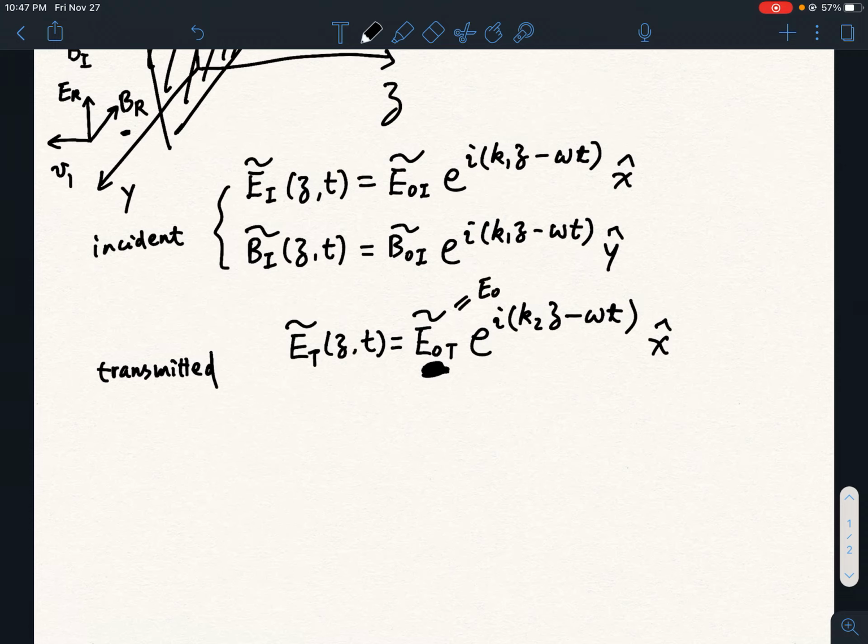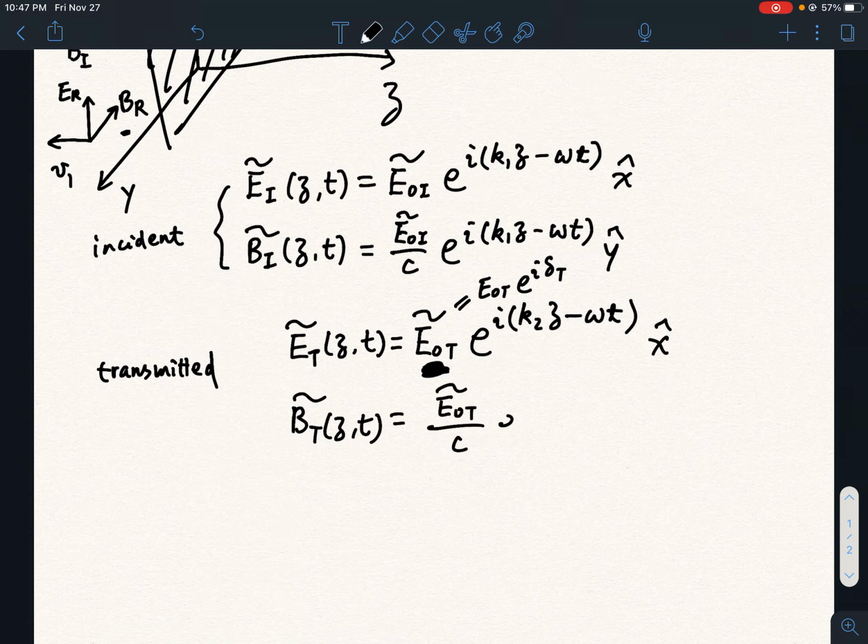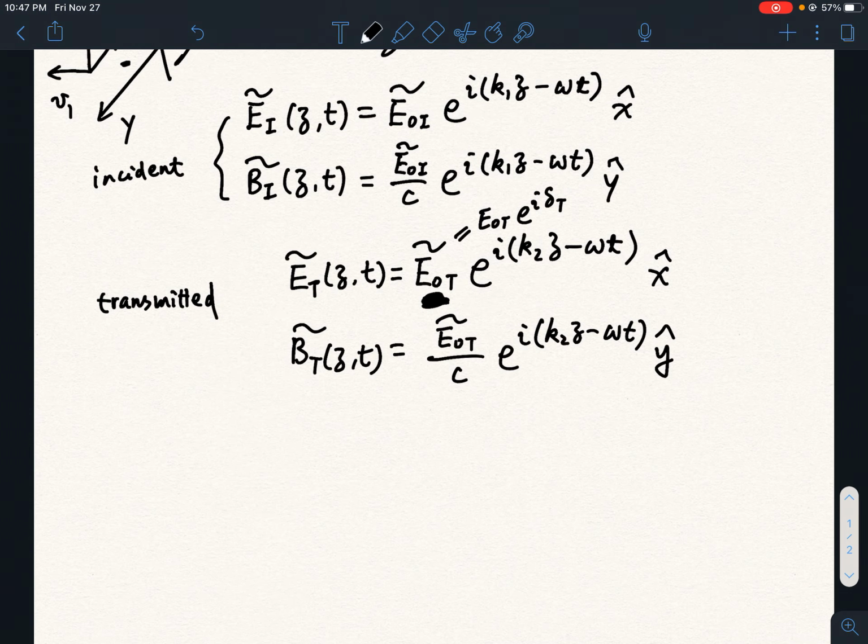So E0T is a real number times e to the i delta, for example, indicating the phase of the transmitted wave. Because B0 is related to E0 by dividing by the speed, we simplify that, and we have E0T divided by v2 times e to the i(k2 z minus omega t) for the magnetic field of the transmitted wave.